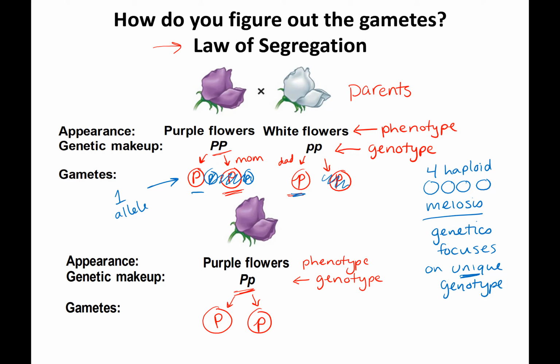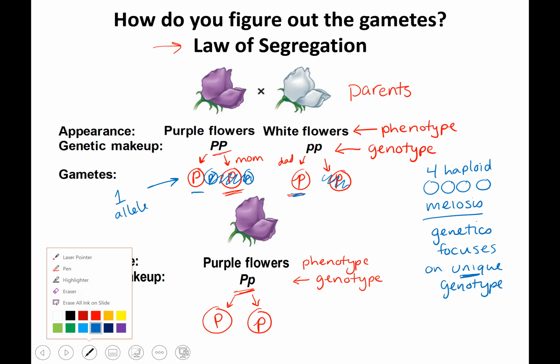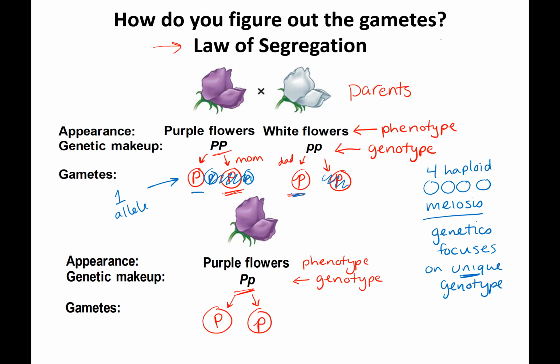What if you had a genotype that was big P, big S, little s? What would be the gametes? Here it gets a little more complicated because each gamete has to have one of each allele.